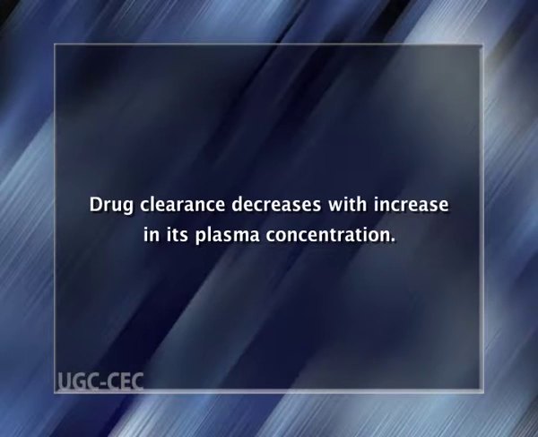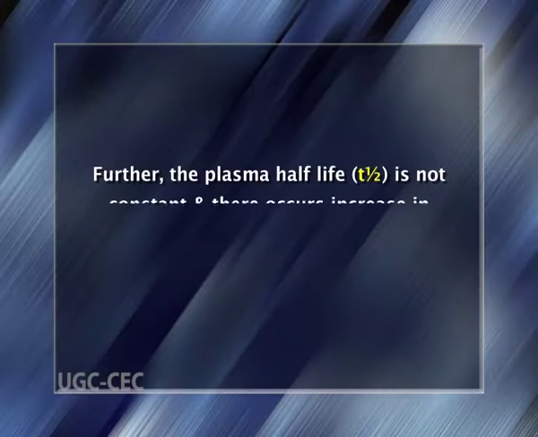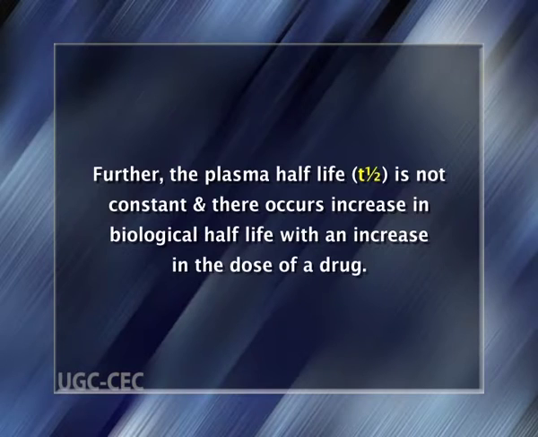In this type of elimination, drug clearance decreases with increase in its plasma concentration. Further, the plasma half-life is not constant and there occurs an increase in biological half-life with an increase in the dose of a drug.